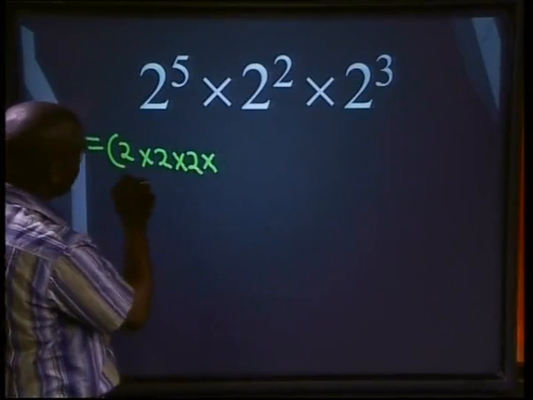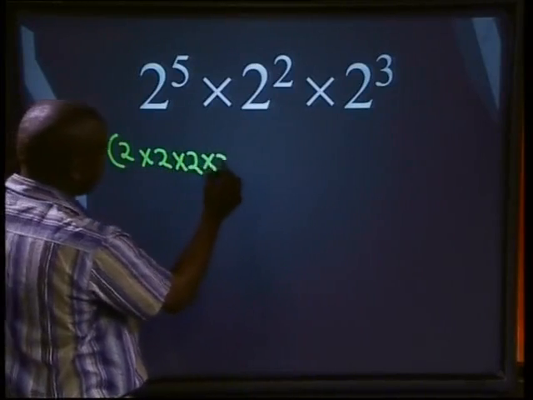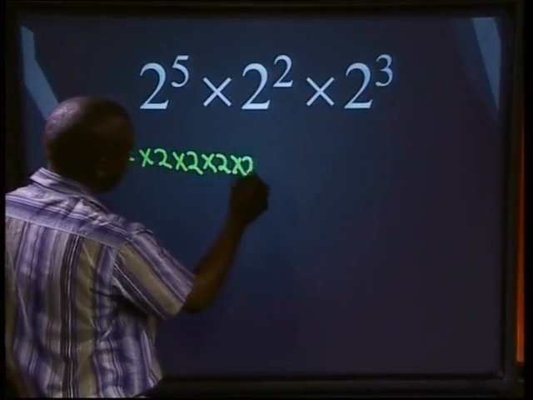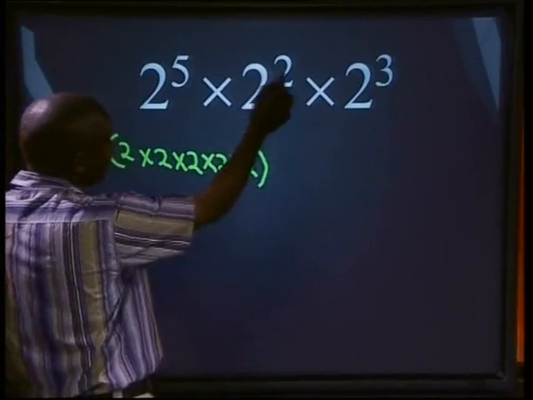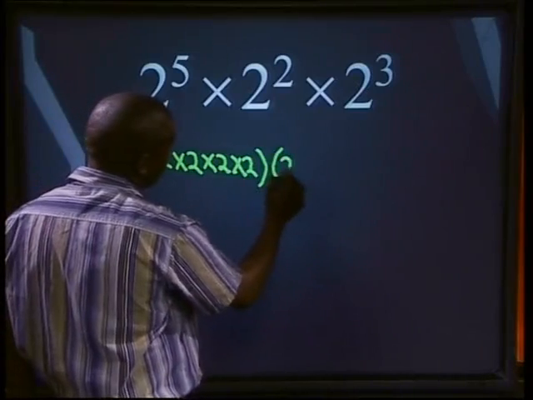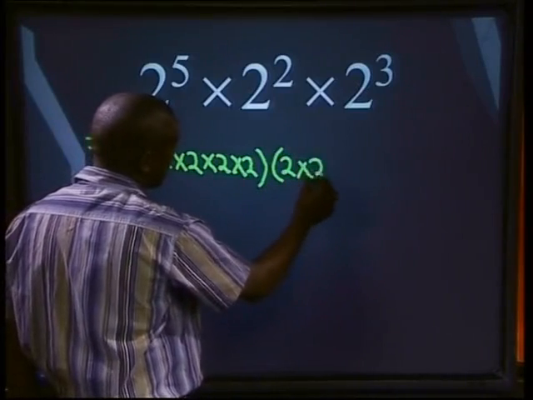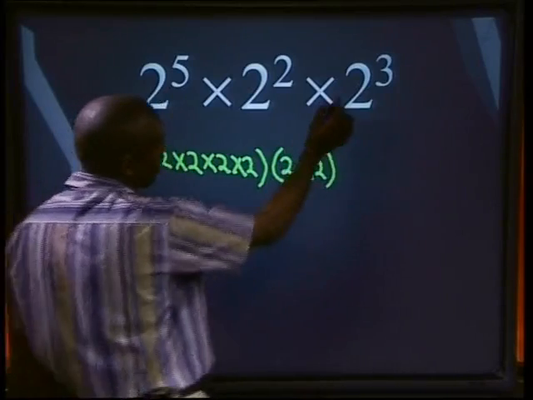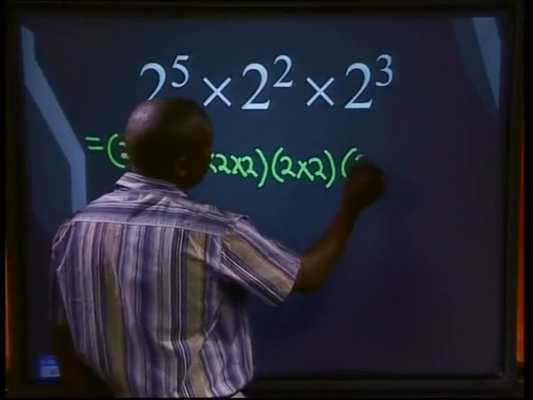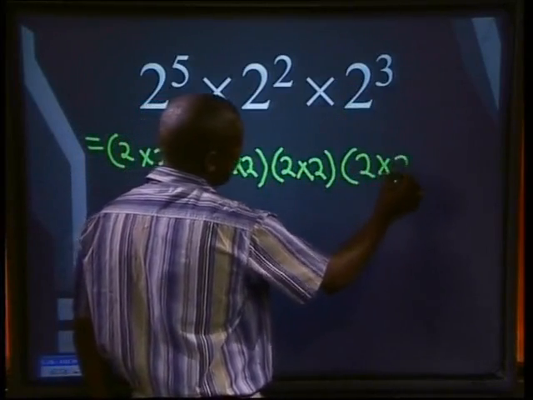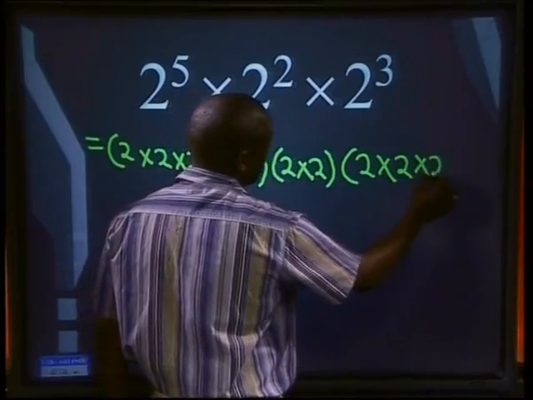And 2 to the power 2 will be 2 multiplying itself twice. And 2 to the power 3 will be 2 multiplying itself 3 times.